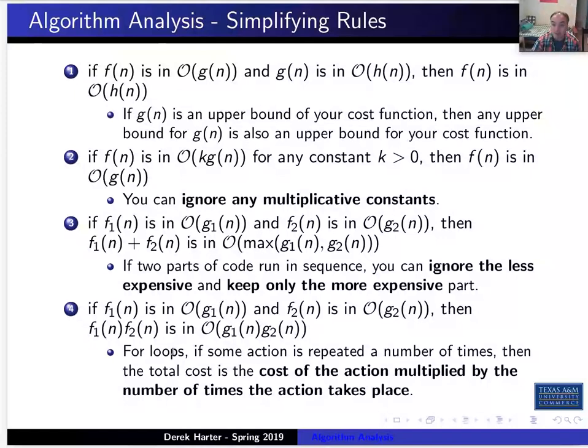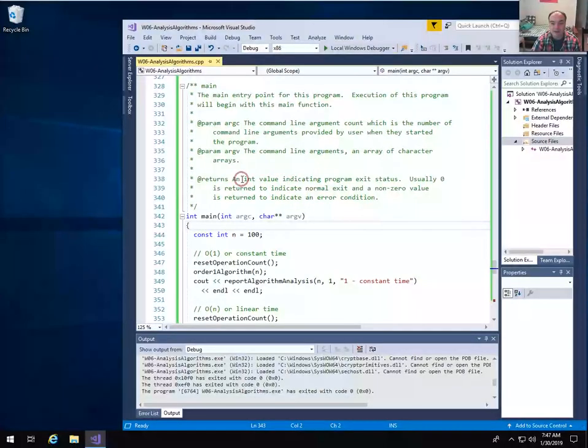It might be confusing, but what this is saying in a practical sense is that if you have a loop where some action is repeated a number of times, then the cost of the action multiplied by the number of times the loop happens is going to be your growth rate. So you have to multiply those. Okay. So let's see what we mean by that here.